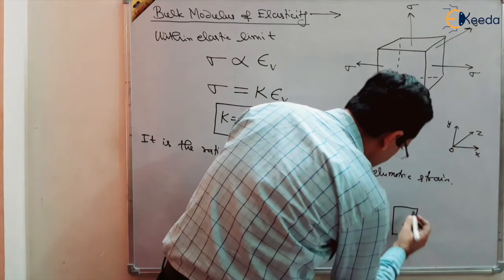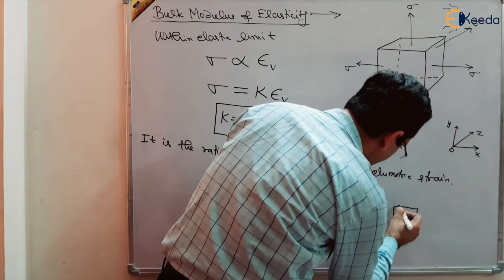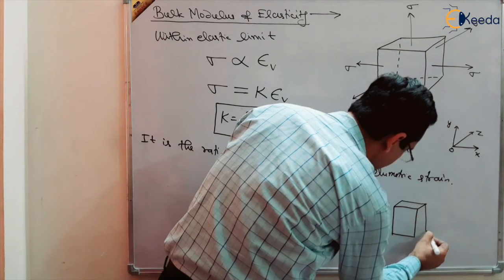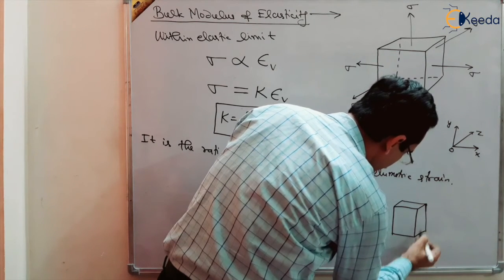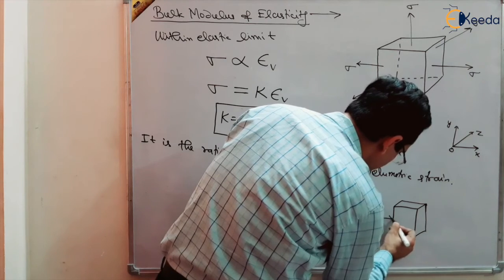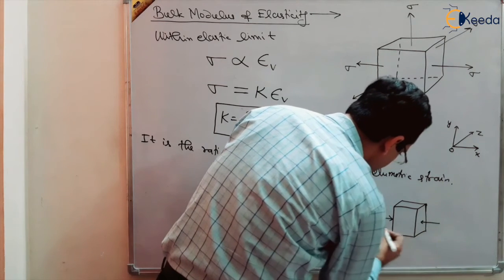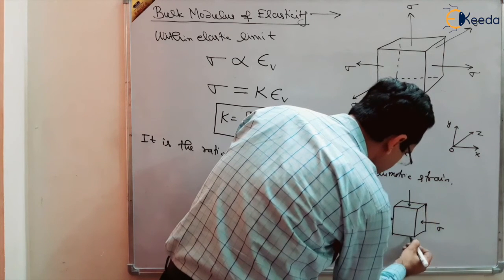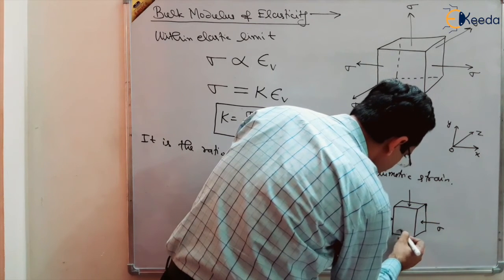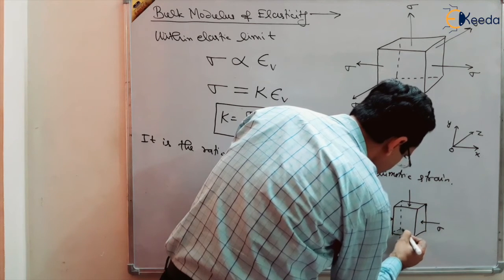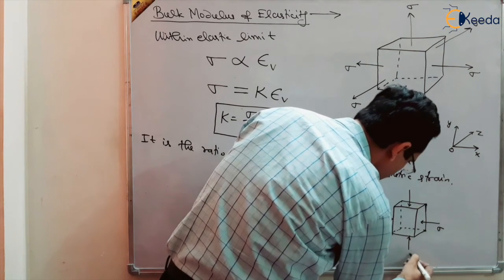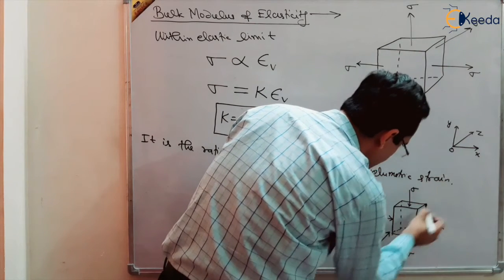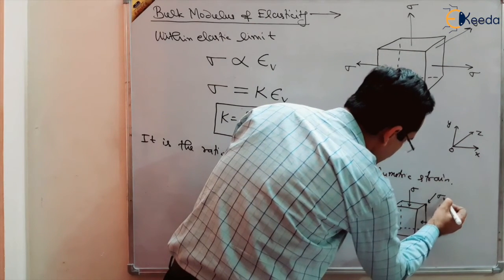In another sense, we can also say that if we have a body and compressive stresses of equal magnitude act on this body in three directions, say this is compressive stress sigma, the same magnitude again sigma in y direction, and in z direction also the stress is sigma.